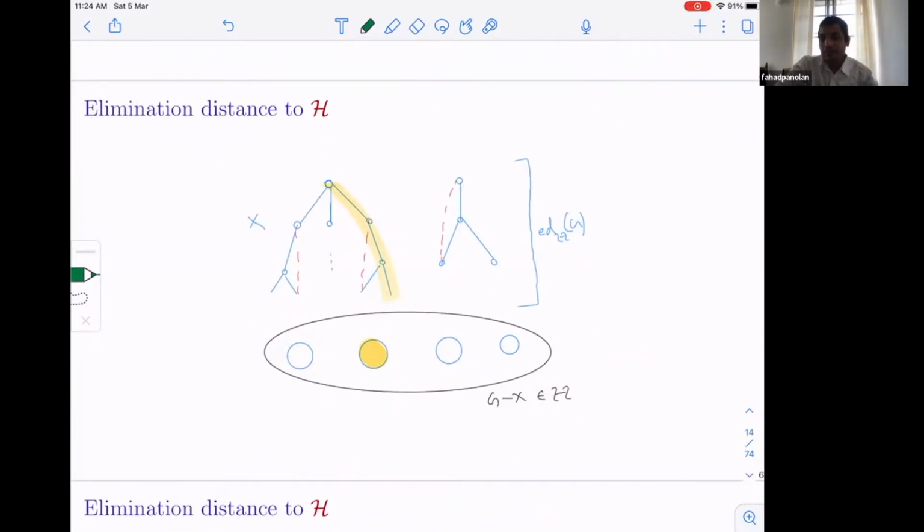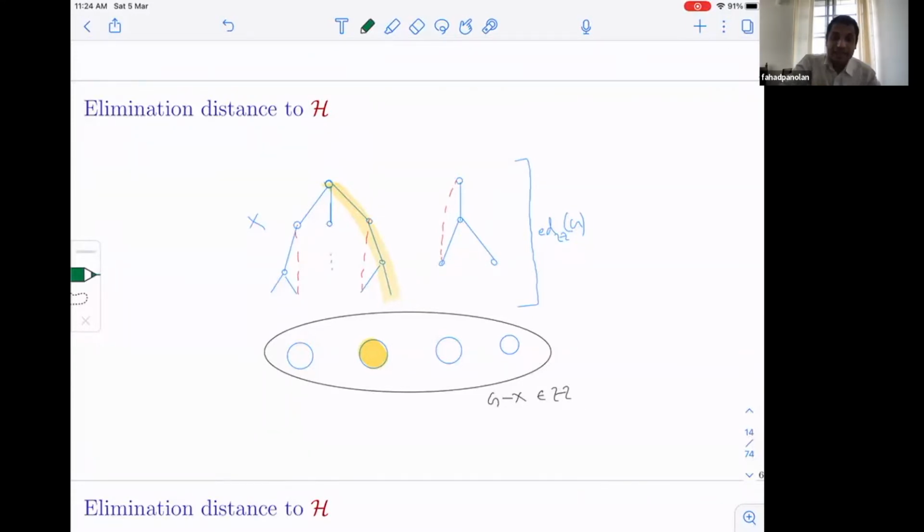similar to the alternative definition of tree depth, we can get an alternative definition for elimination distance to H. So it will be the minimum depth or minimum height of a rooted forest, and this time for the rooted forest, there will be a bijection from a subset of vertices of G, I will call it X, to the nodes of the forest.